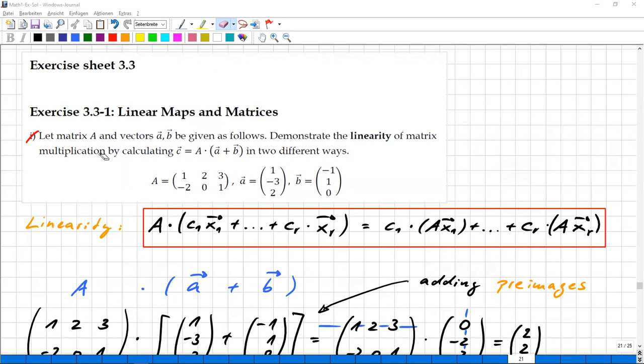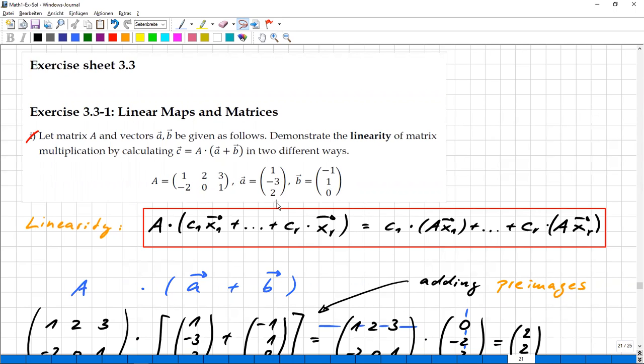Well, firstly, it's about matrix multiplication, which you have learned meanwhile. And take this as a little training for multiplying matrices, not really matrices, but matrices with vectors. As you know, our usual column vectors are nothing else than special matrices, which have, at least in the 3D vector space, just 3 rows and only 1 column.